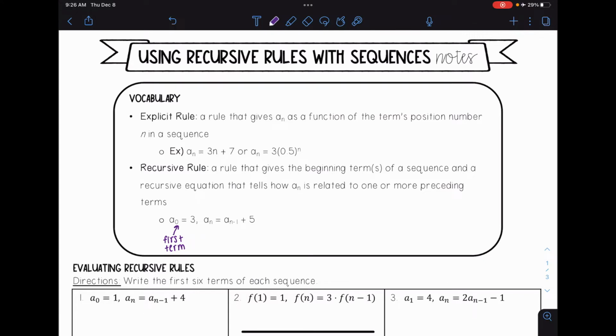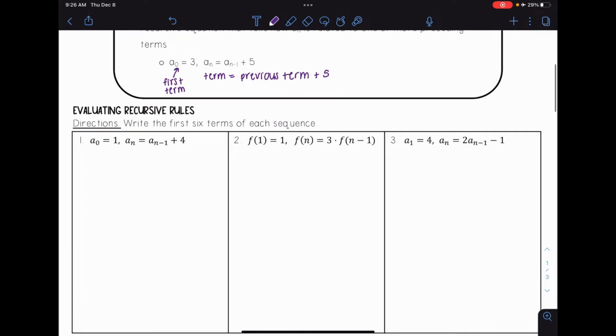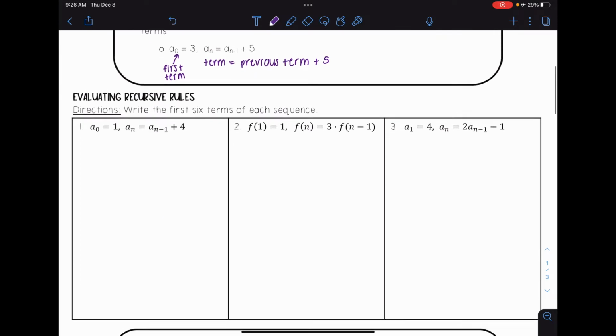And you could read this a_n equals a_(n-1) plus 5 as: the term is equal to the previous term plus 5. So for a recursive rule, we have to know what the previous term is in order to find the next term. So let's go through some examples of using a recursive rule.